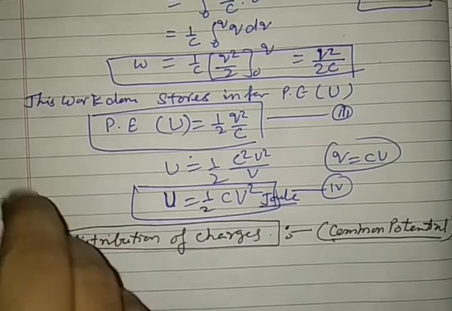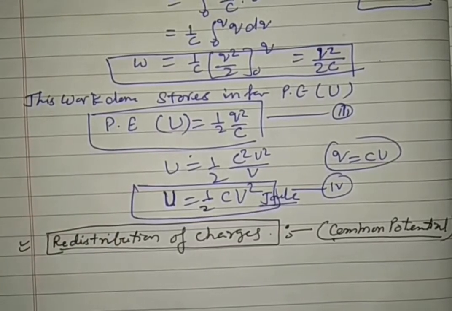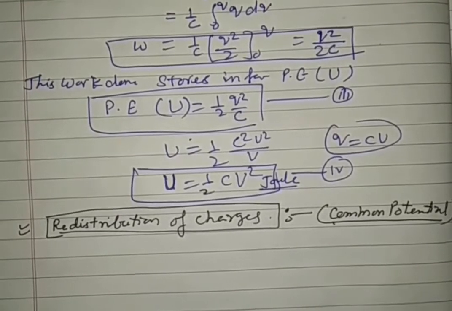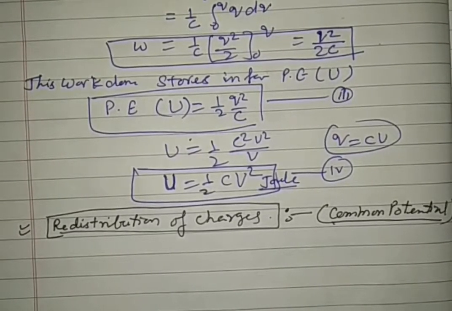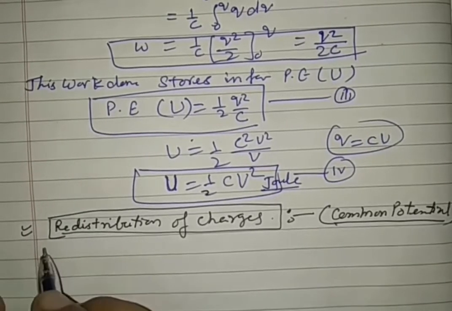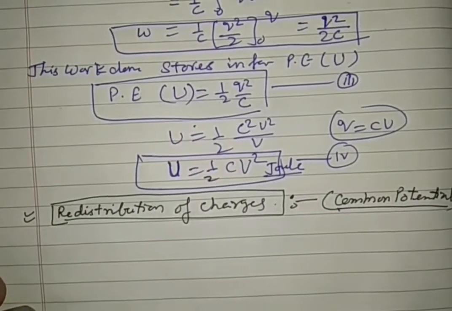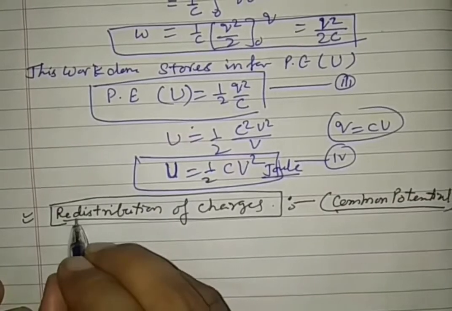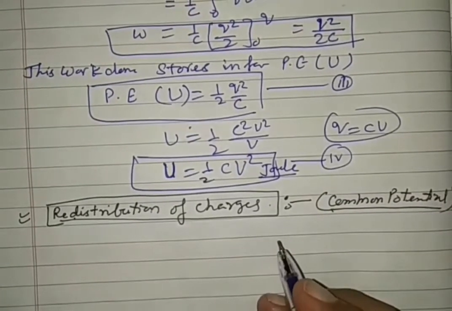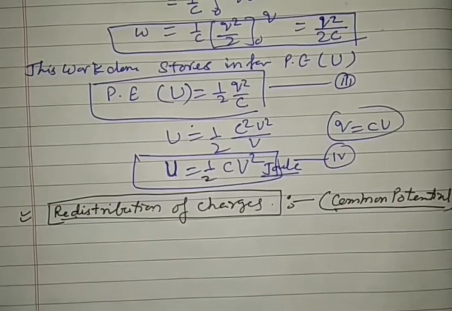To understand this, first of all see what situation I am going to make in front of you and how I will design and do all the work and calculation for showing the concept of redistribution of charges. Here redistribution of charges means that two capacitors are required to distribute the charge.